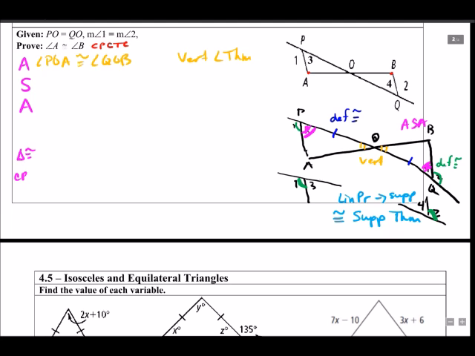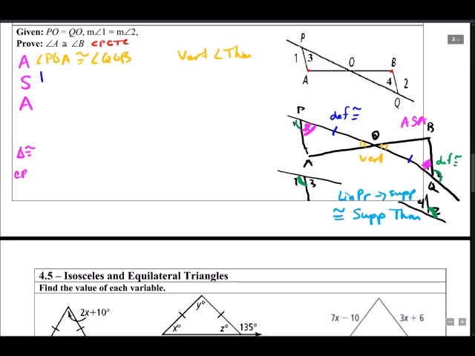We were told that the length of PO equals the length of QO. That's given. And then what do we do with that? We can say segment PO is congruent to segment QO by basically the definition of congruence. Right? We're given equal length. This right here is equal length. We have to make our angles congruent. So we use definition of congruence.